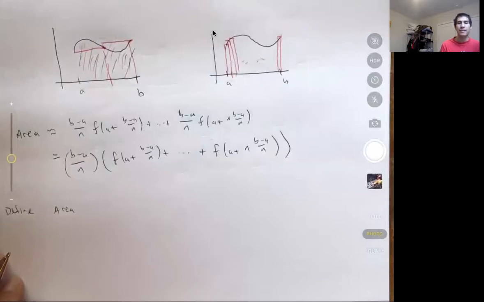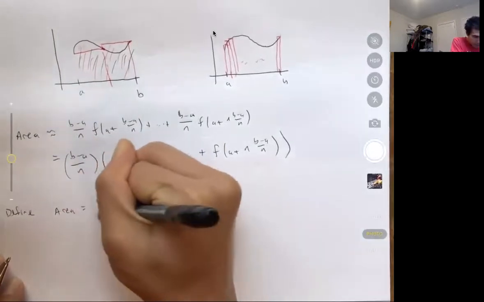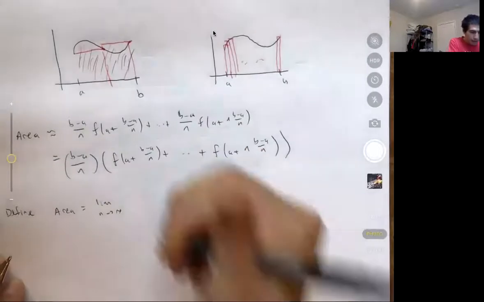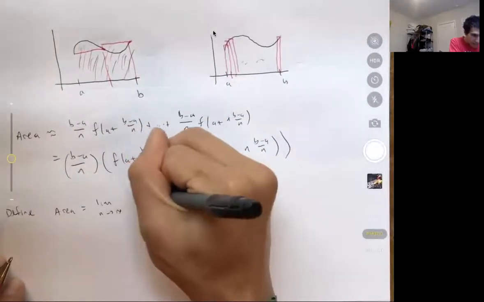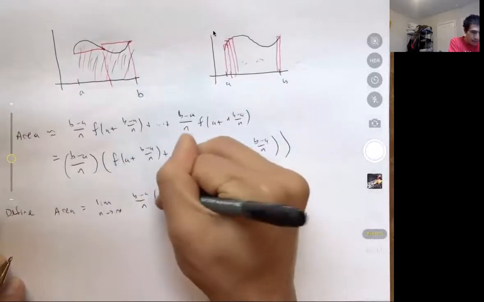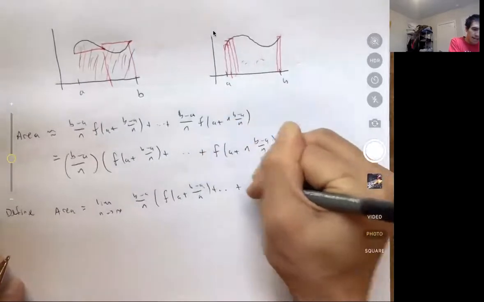And so I'll make the definition of area to be the limit as n goes to infinity of exactly this formula. So it's (b minus a) over n times the first height plus the second height plus the third height, etc., all the way up to the nth height.